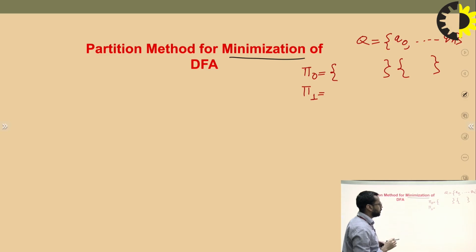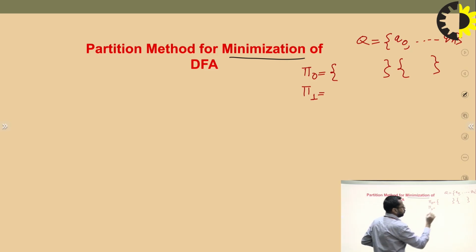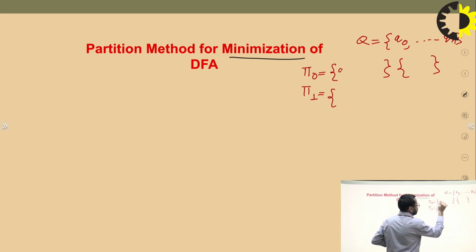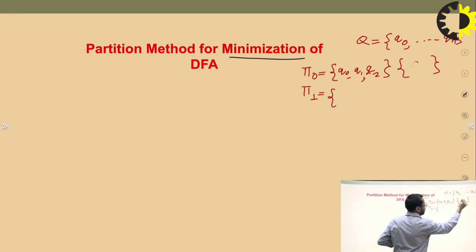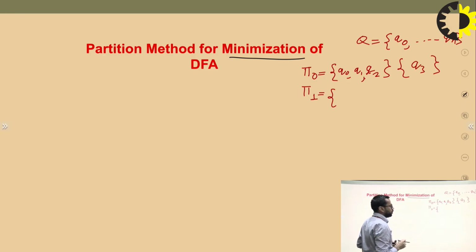Let's suppose there are the states Q naught, Q1 and Q2, and here is Q3. To calculate pi 1, we check Q naught and Q1, which are basically the starting two states. We check in the transition table the Q naught and Q1 functionality.